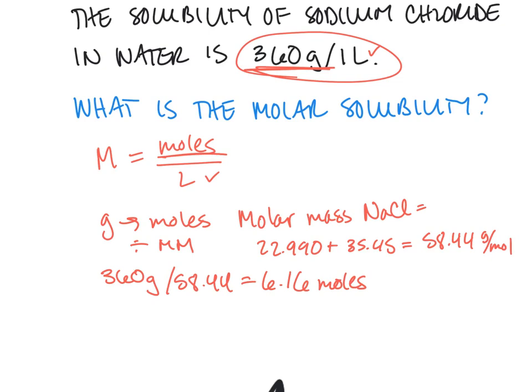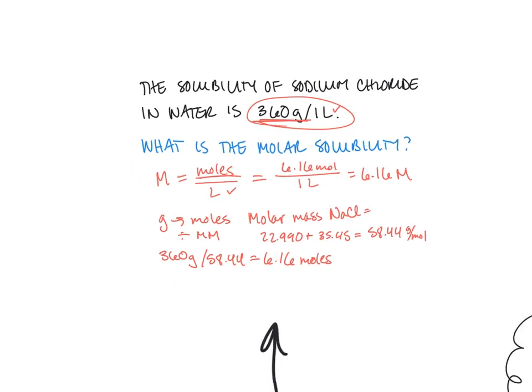Since molar solubility is moles per liter, and I converted my grams into moles, it's 6.16 moles per 1 liter. We could also say it's 6.16 molar. So that's one way that it's similar to concentration, but molar solubility is the same thing as moles divided by liters. So that one was pretty easy.